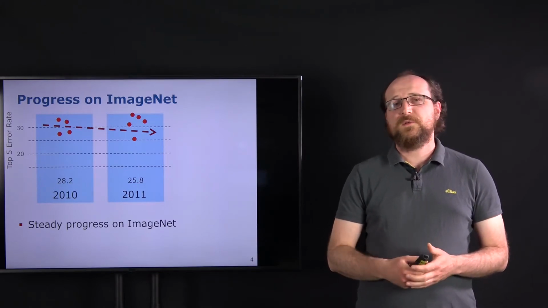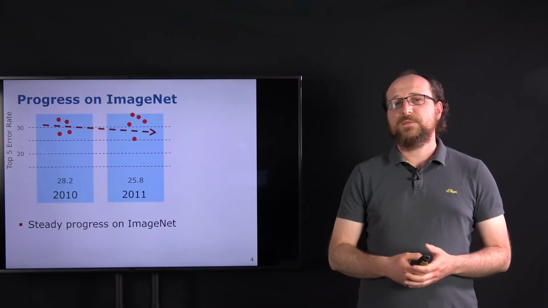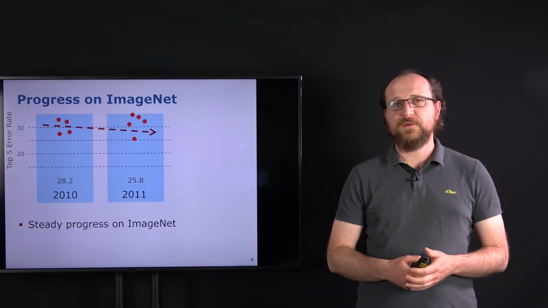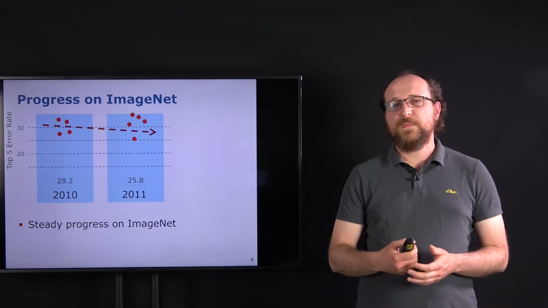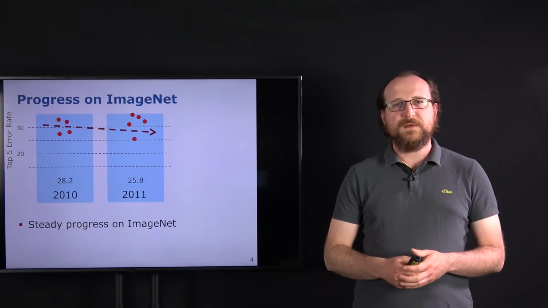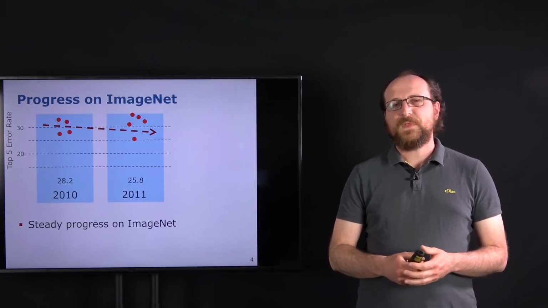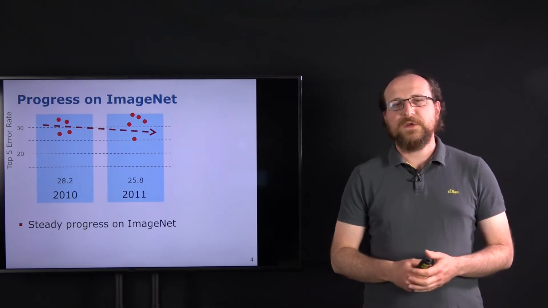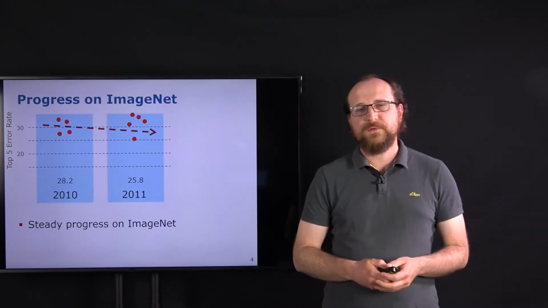The best approach reached something like a 28.2% error rate. So that means 28% were wrongly classified by the approach. In 2011 we saw a little bit of progress, and the error rate reduced to 25.8%.